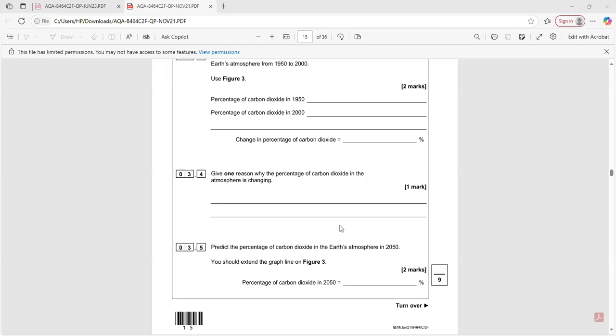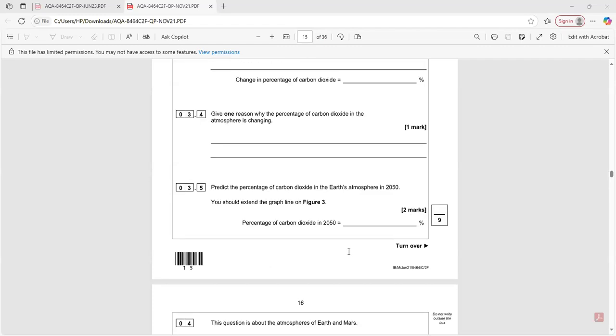Cars, most cars that were invented and use fossil fuels were also not really existent by 1750. So invention of cars and machines also came into the picture to contribute to the rise in percentage of carbon dioxide in the atmosphere. And of course, you can also allude to the fact that human population is also on the increase, right? That's also another possibility.